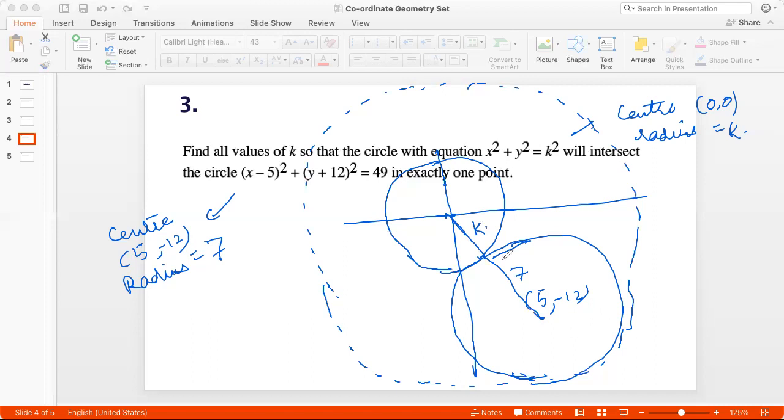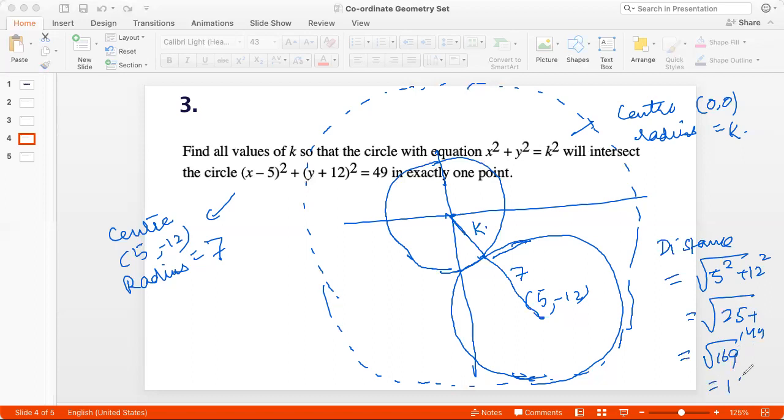And what is the distance of the center of this circle from the origin? That distance would simply be the square root of 5 squared plus 12 squared, which is the square root of 25 plus 144, the square root of 169, which is 13.